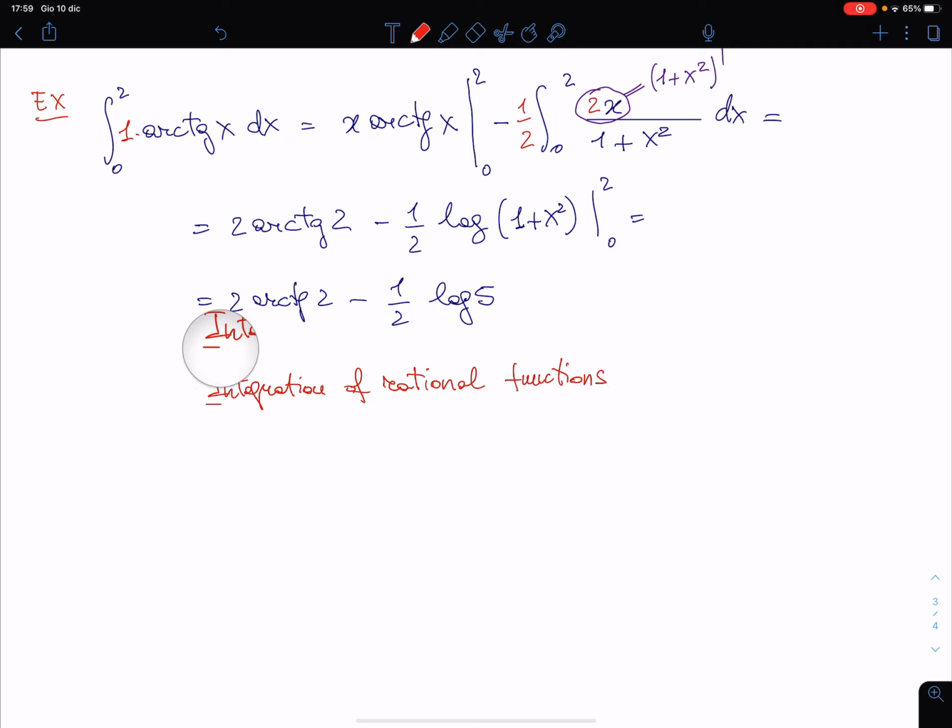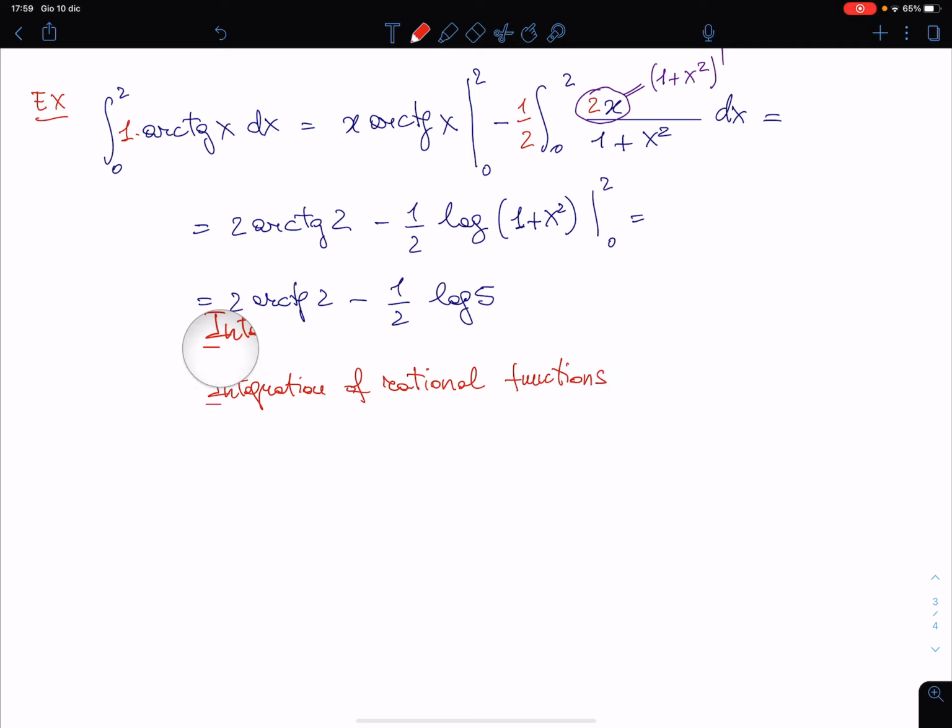The second prototype is x divided by 1 plus x squared to the n. This is easy. We just saw one of those, because we just have to multiply by 2 in order to obtain here the derivative.